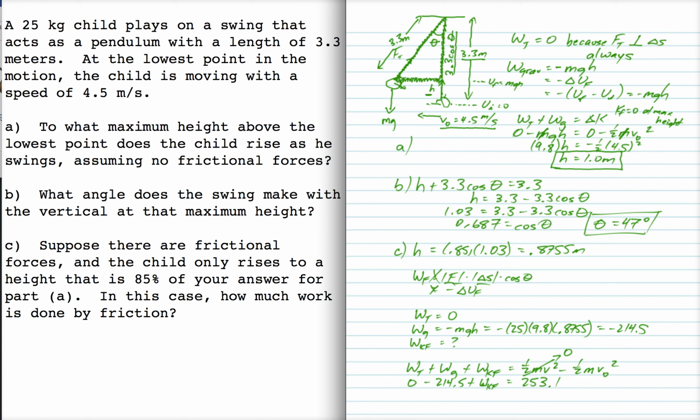So the work done by kinetic friction is therefore minus 38.6 joules, which I've got to round off to minus 39 joules. There's our answer to part C.